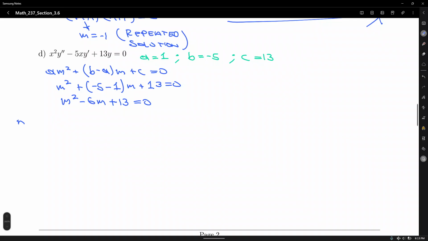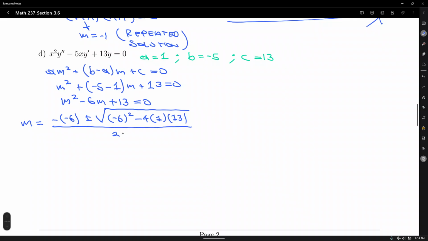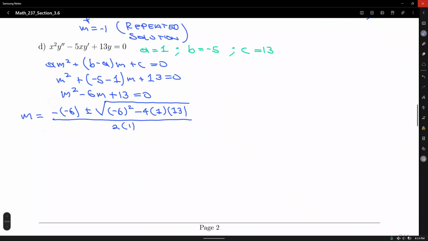So I'm just going to go m equals minus b, which is negative 6 from the quadratic equation, plus or minus the square root of negative 6 squared minus 4 times a, which is 1, times c, which is 13, divided by 2a, which is 2 times 1.